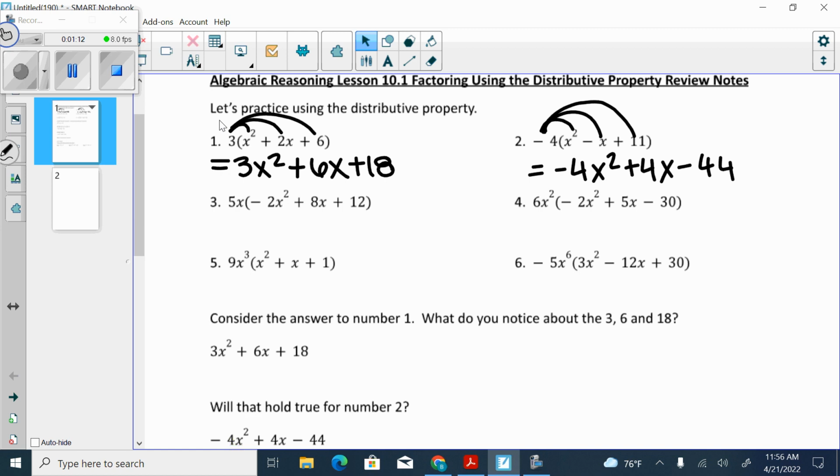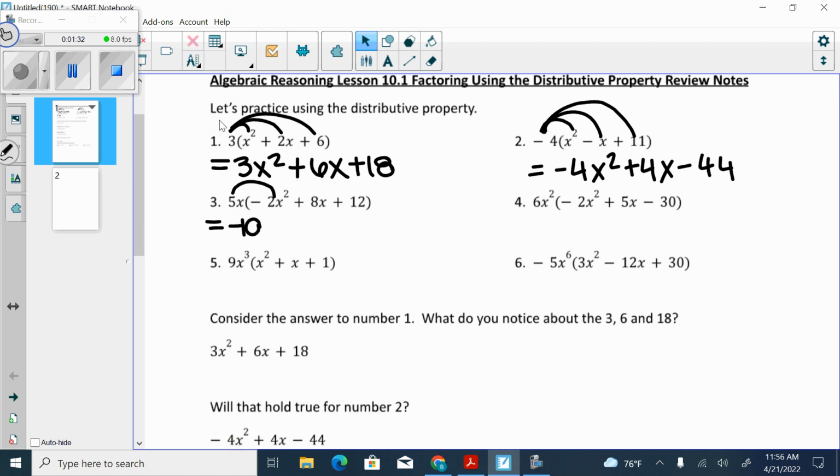All right. Now, some of these next ones have an x in what we're distributing. So remember, what do we do with our exponents when we multiply? Add them. Very good. So I've got 5x times -2x squared. So I multiply the numbers. What's 5 times -2? -10.